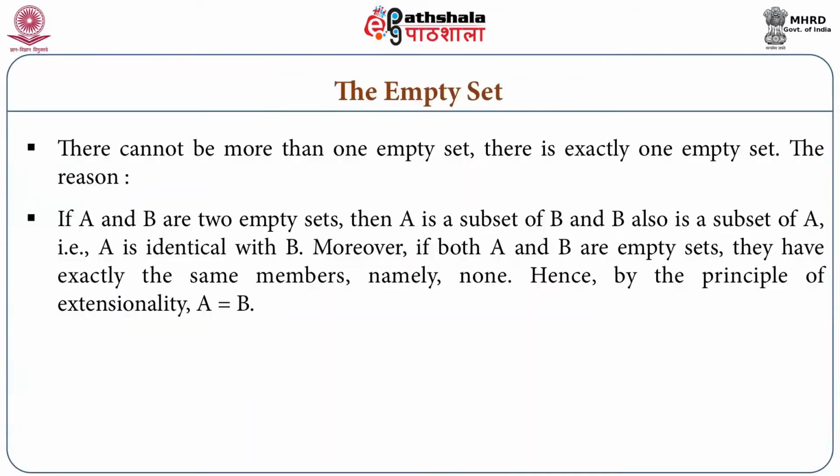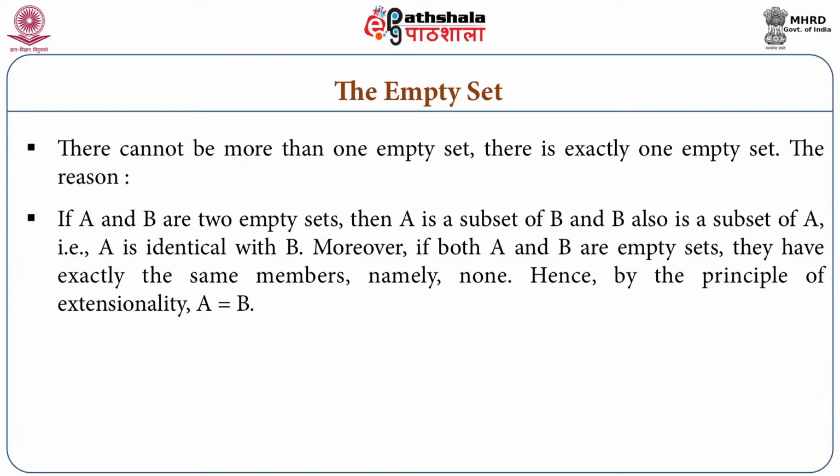Now the other property of the empty set is this: there can be one and only one empty set, or there is exactly one empty set. Let us say, for the sake of discussion, there are two empty sets A and B. Now by definition we know that A is a subset of B. Why? Because the empty set is a subset of every set.